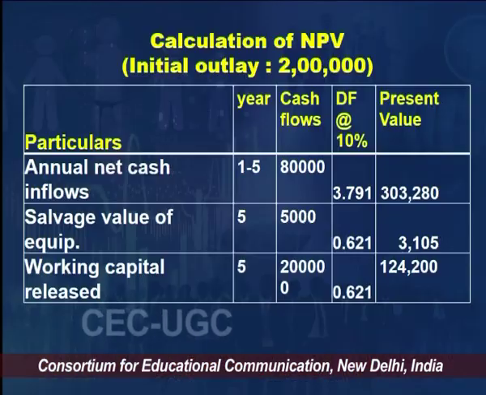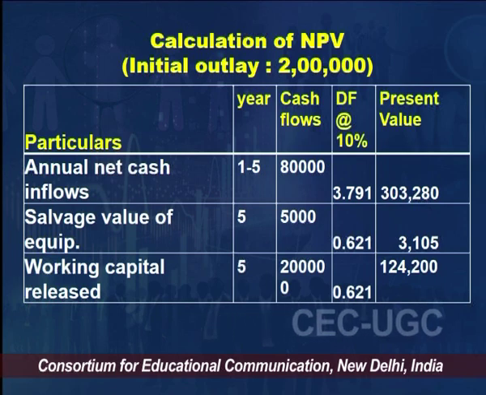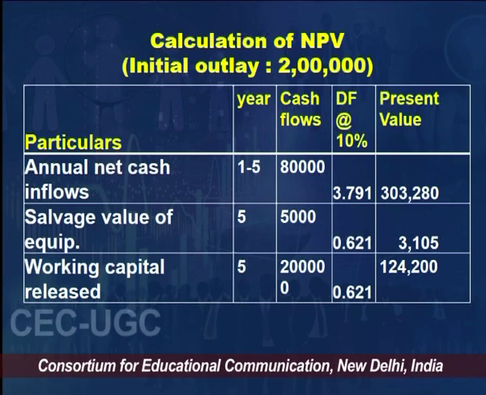But this 5,000 is being received back only once, in the terminal year at the end of the life of the project. So, we will be using the discount factor from the 1 rupee table, and that is 0.621. So, if we multiply 5,000 with 0.621, which is the discount factor, my present value comes to 3,105.